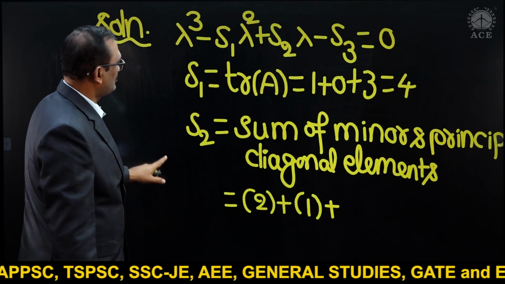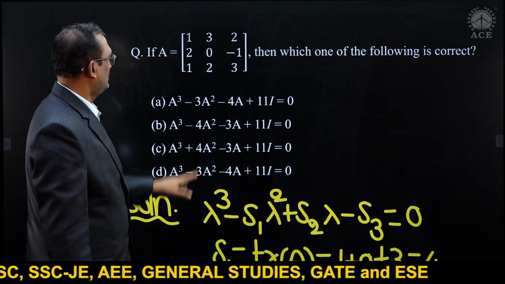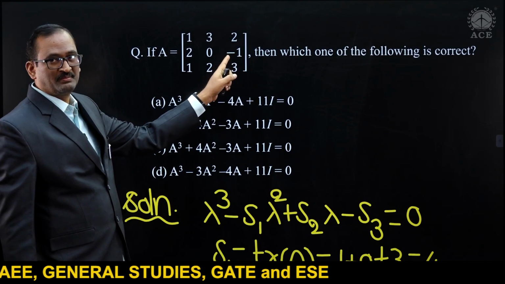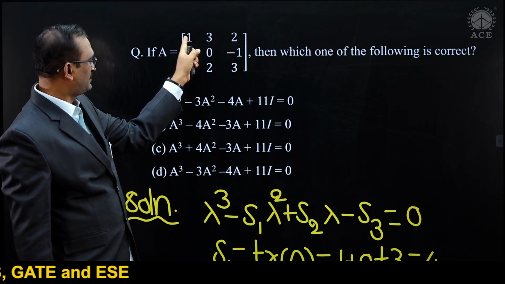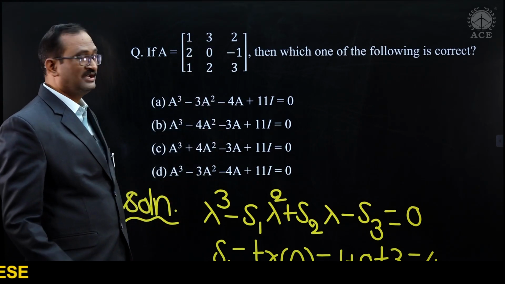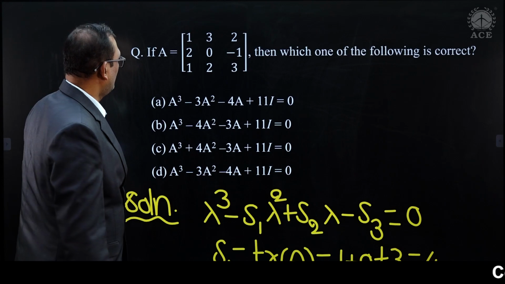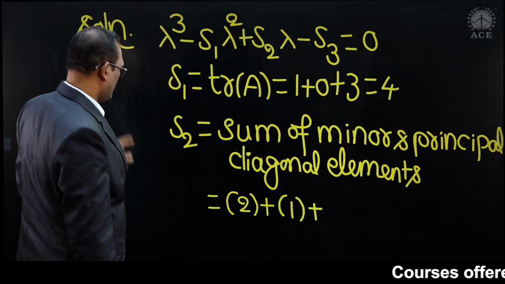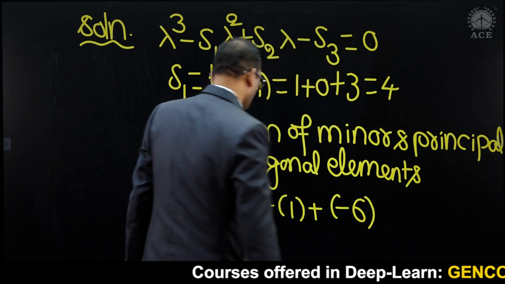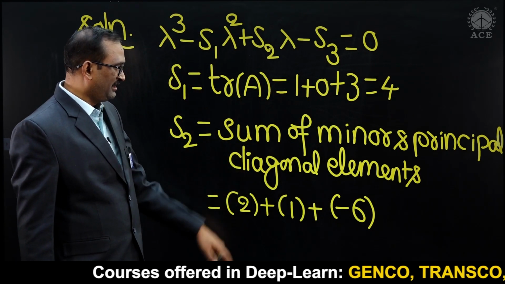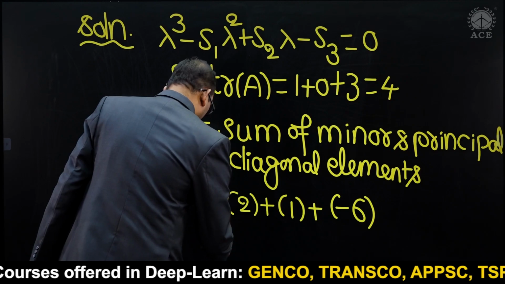What is the next principal diagonal element? 3. To find the principal minor of this element, delete this row and this column, find the determinant of remaining elements. That is 0 minus 6, that is minus 6. So this is 3 minus 6, that is minus 3.